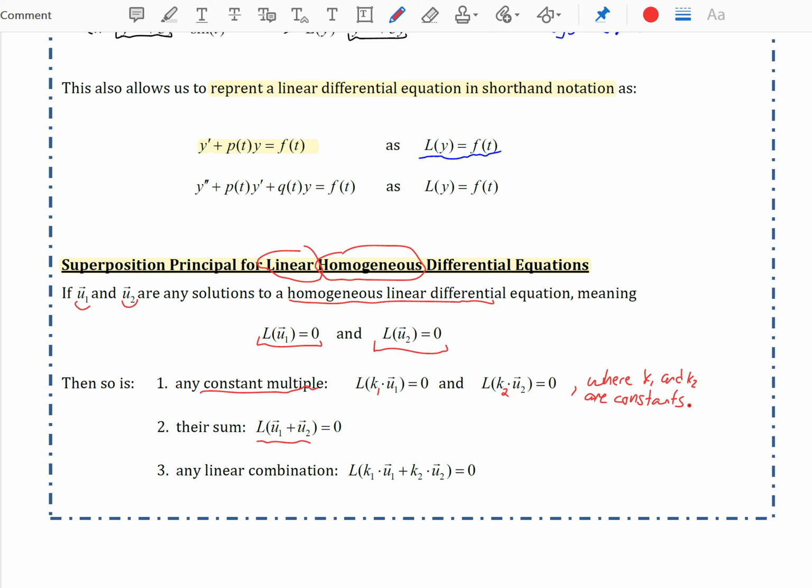If u1 is a homogeneous solution and u2 is a homogeneous solution, the sum of these will also be a homogeneous solution. Now, putting together 1 and 2, we will also be able to say that so is any linear combination.